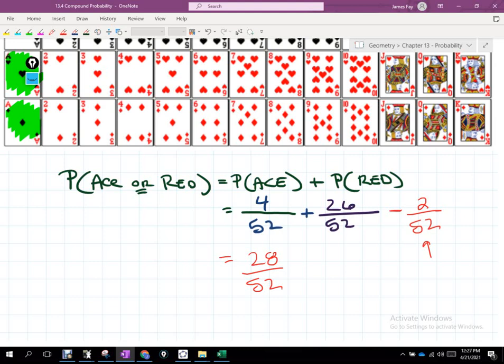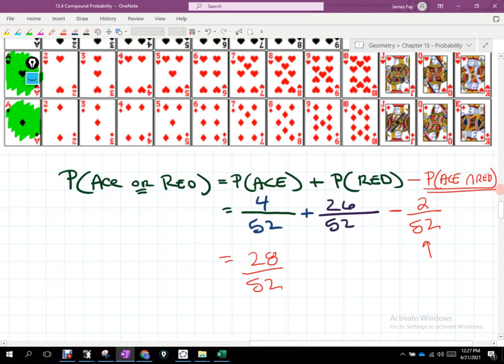They were ace and they were red. Okay? So, if I want the probability of ace or red, it's the probability of ace plus the probability of red minus the probability of ace and red. And that right there is that 2 out of 52. There were two cards that are aces and reds.